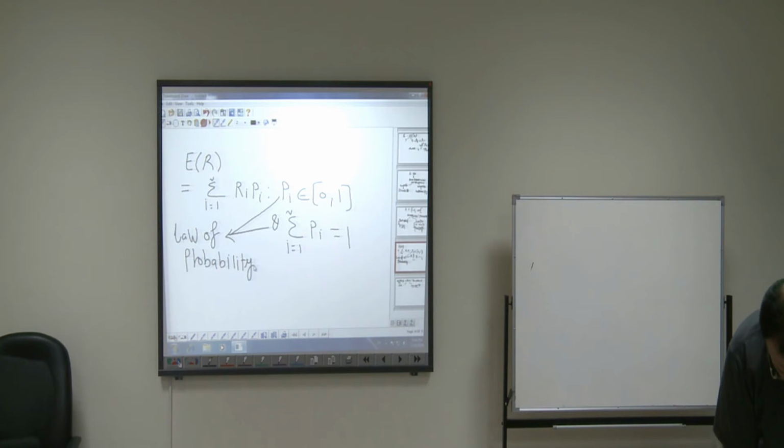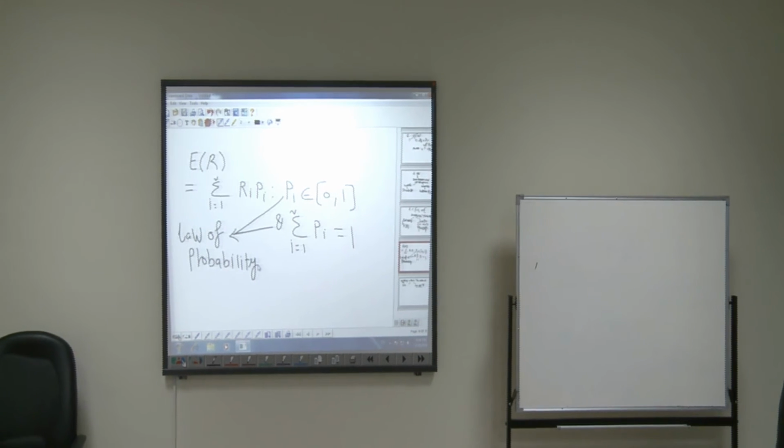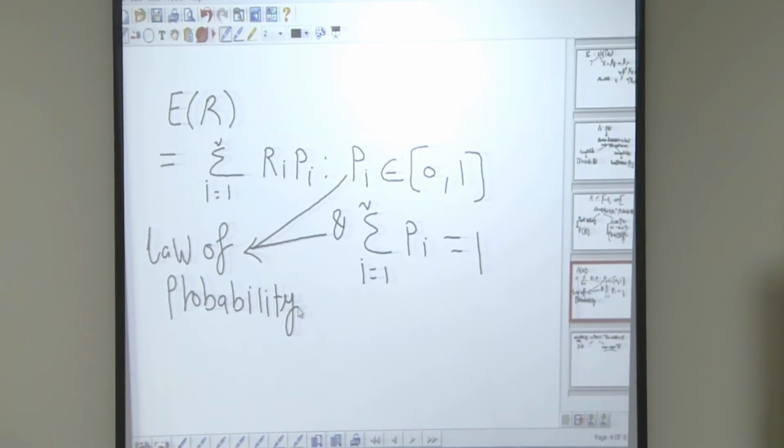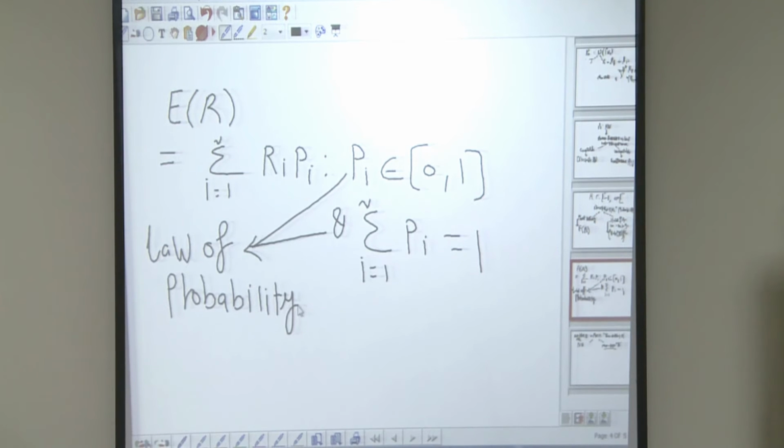Because you guys are kind of lost, let's see an example. Page 122, the first problem.